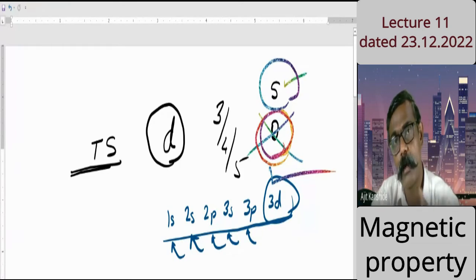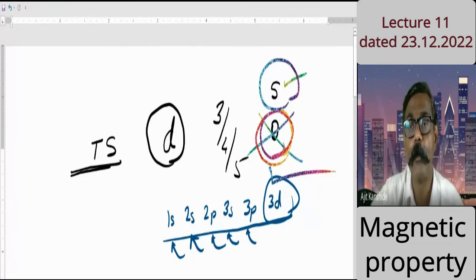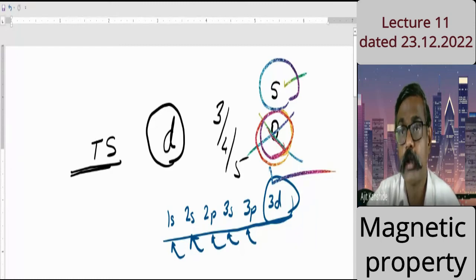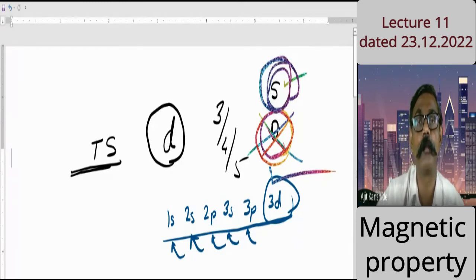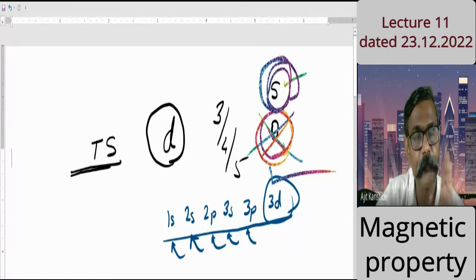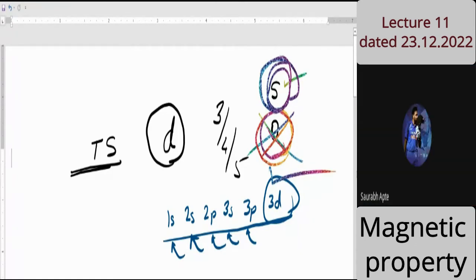Likewise, because of the surroundings, that motion gets quenched or disturbed. Which motion? Orbital motion. So magnetism for transition series elements is solely, completely due to the spin motion of the electron. Is this point clear? Yes, sir. Good.